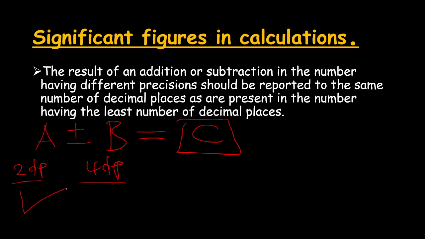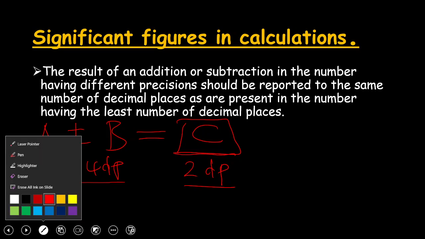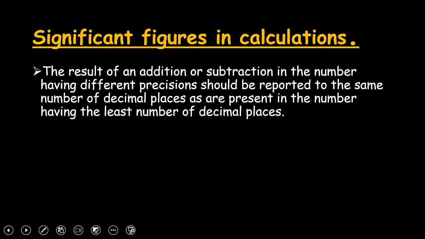We find that it is A, with 2 decimal places. Therefore, our value C will have 2 decimal places. It is gotten from the number between A and B which has the least number of decimal places.